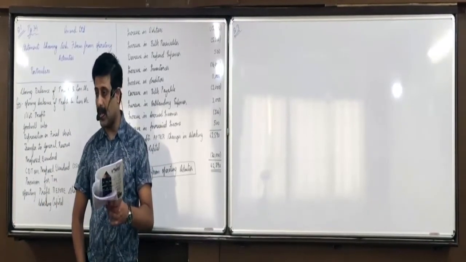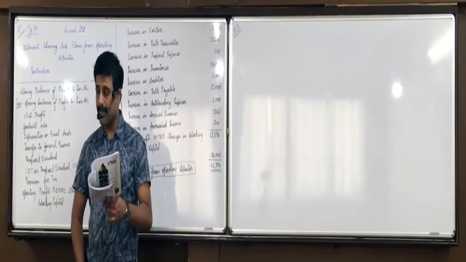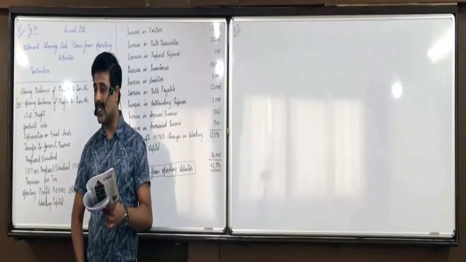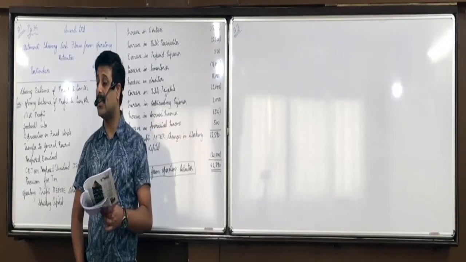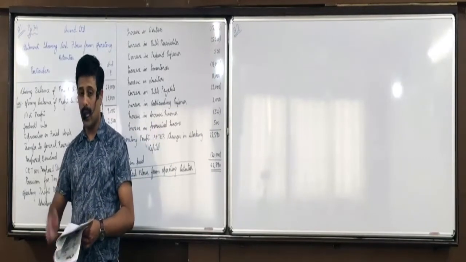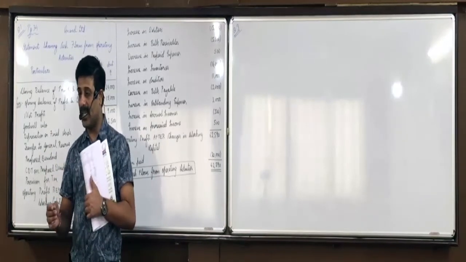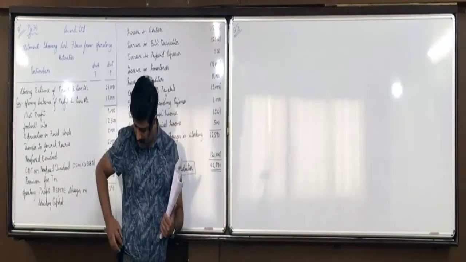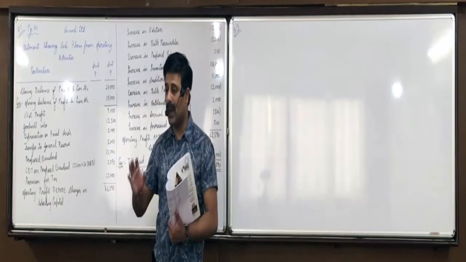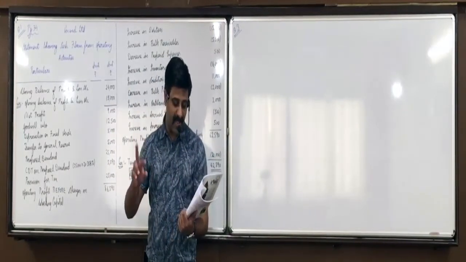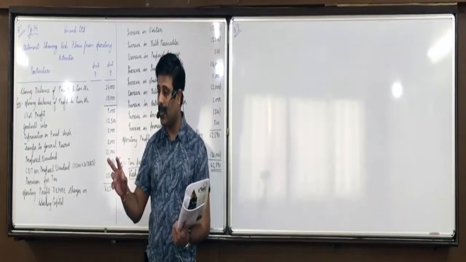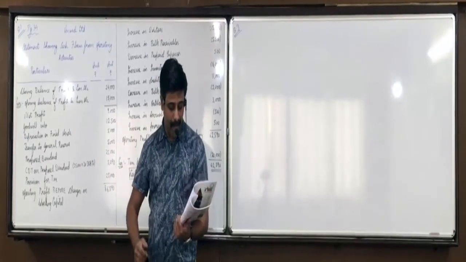Cost is 50,000. Book value is 40,950. So what is accumulated depreciation? 9,050. How much depreciation is provided up till now? Difference of 50,000 and 40,950, 9,050.